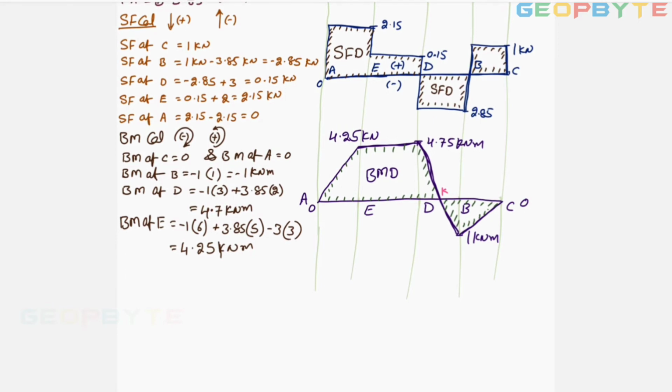Remember, the point of contraflexure occurs only for an overhanging beam.